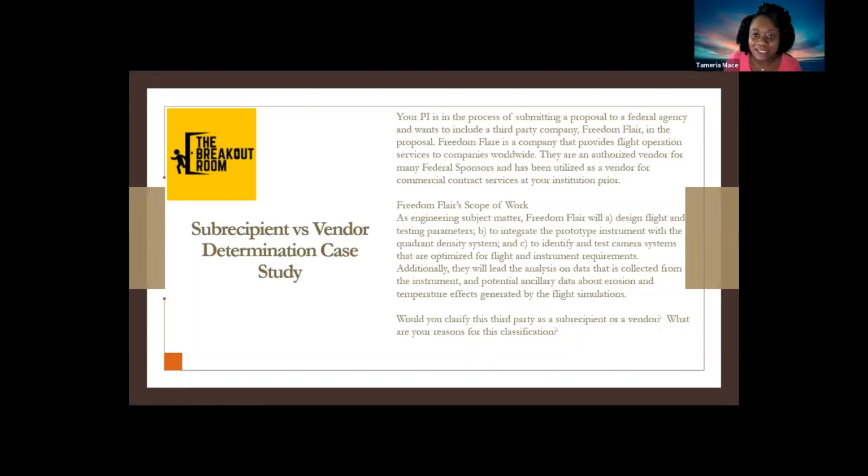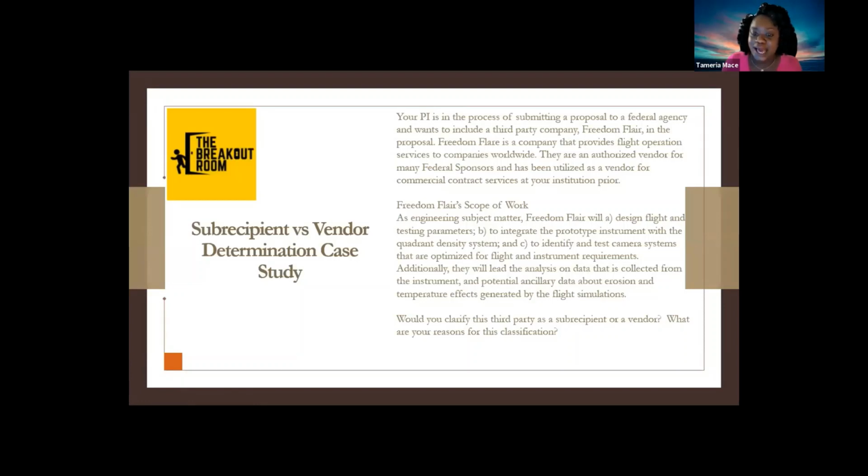I want to thank everybody that participated and responded. So I'll give you a little background on this. This is an actual scope of work that has come through our office. Of course, all the proprietary information has been changed, but this was an actual scope of work that we had to look at to make that determination.